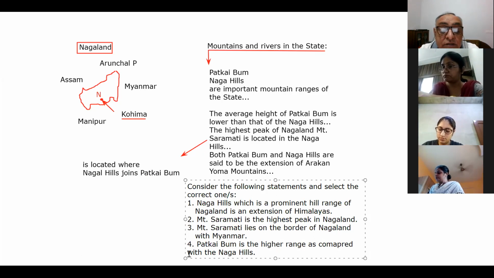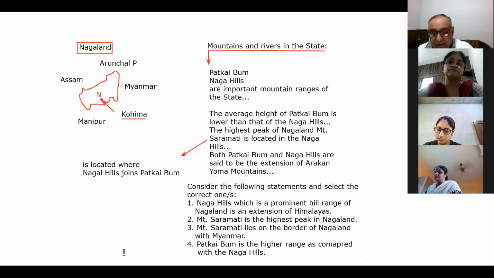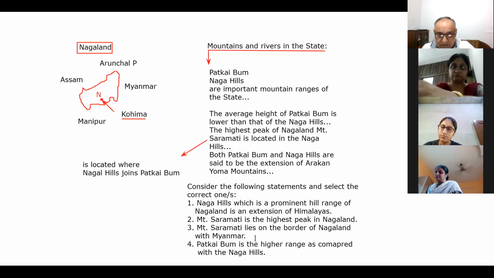So these can be the four statements in the examination. इसमें से it can be asked which are the correct or false statements. Naga Hills, a prominent hill range of Nagaland, is an extension of Himalayas. So this is a wrong statement.